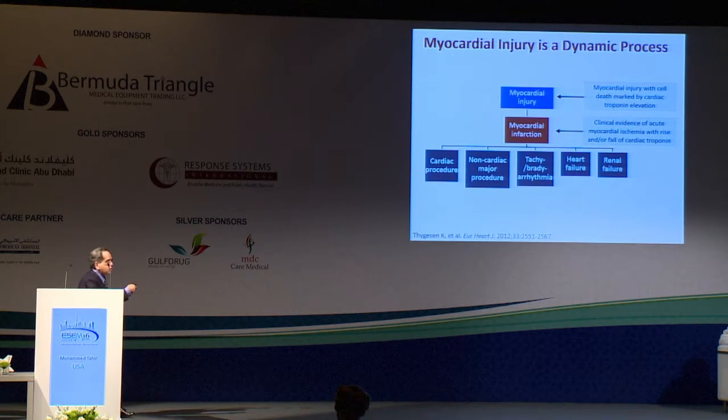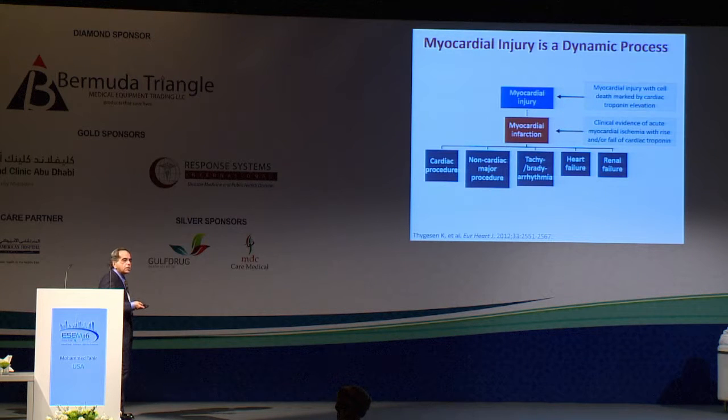So I have just gone through it. It's exactly the same. Some of the things will cause myocardial injury, and if there is a rise and fall, will result in myocardial infarction, where we have all the other features of ST segments. Then some of the things which would give rise to elevated troponins are cardiac procedures.